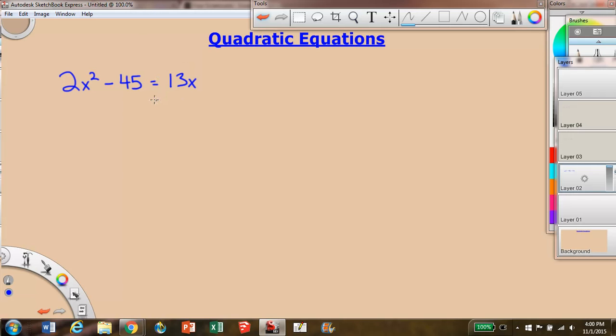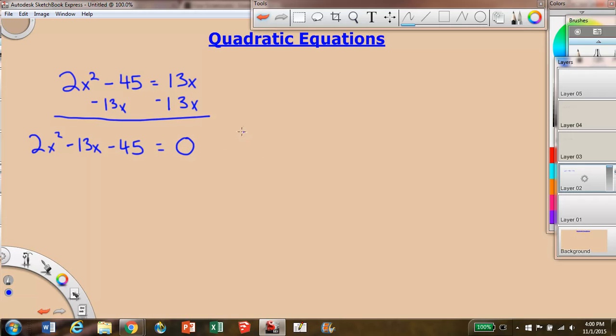So what I'm going to do is I'm going to subtract 13x from both sides. Okay, now over here I'm going to have 2x squared minus 13x minus 45 is equal to 0.